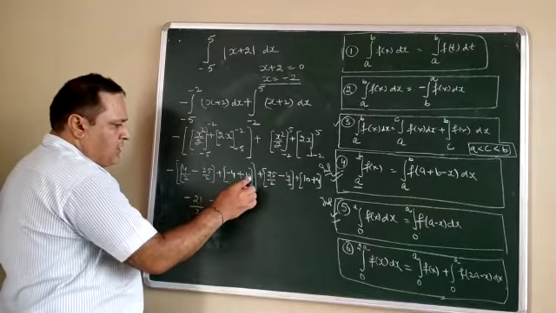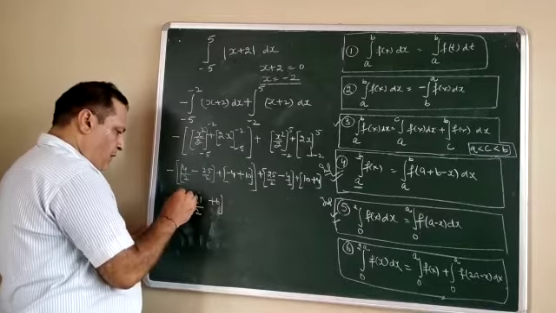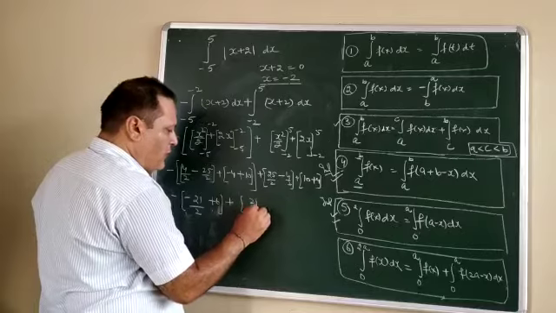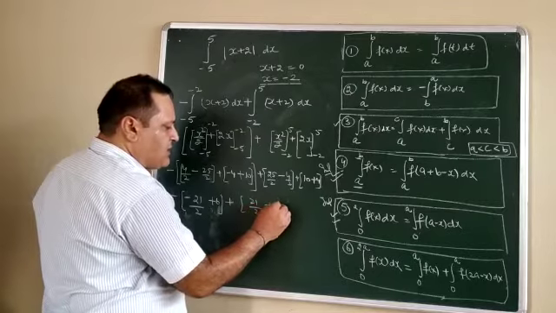6 along with negative, plus 25 minus 4, 21 by 2, plus 6.